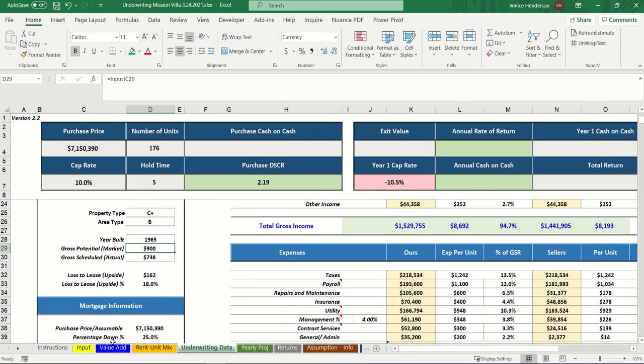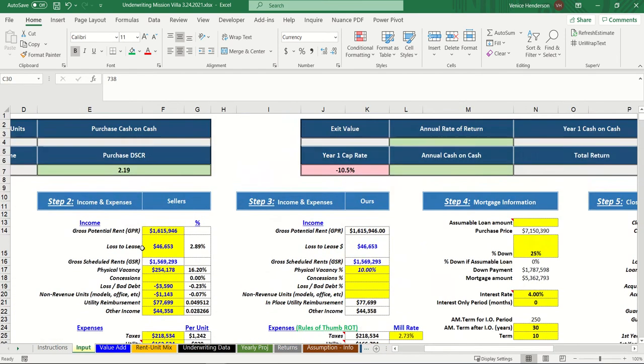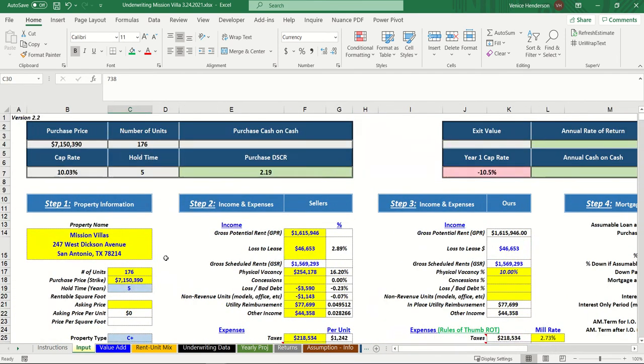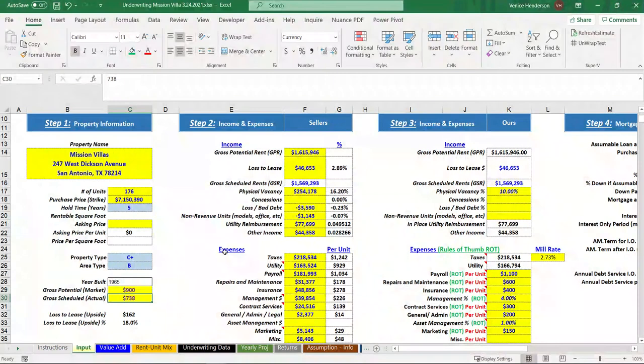Because I changed that number, but I didn't see anything change. So I'm going to go ahead and just do Control Z to get us back to what it was. Okay, my apologies. I did see something change, and that was the loss to lease and the upside and how much we could potentially earn. But outside of that, I didn't see anything else change.